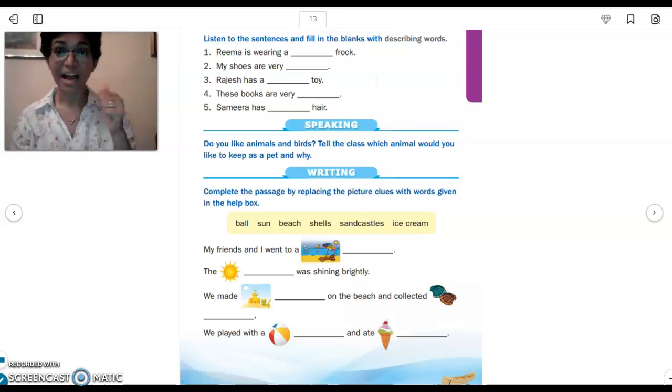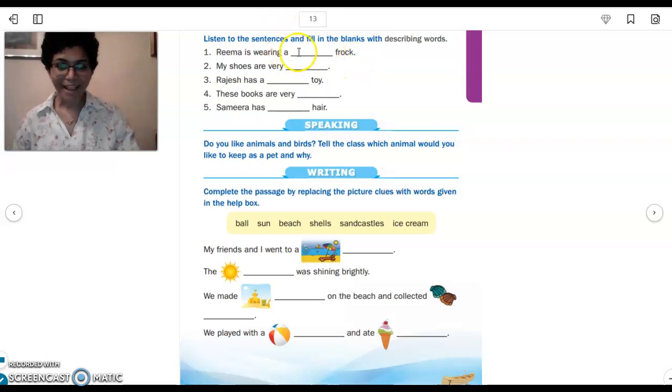The third one, Rajesh has a new toy. These books are very heavy. Heavy. Samira has short hair. So please do that. Samira has short hair.